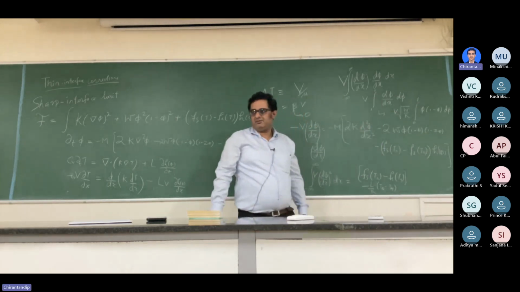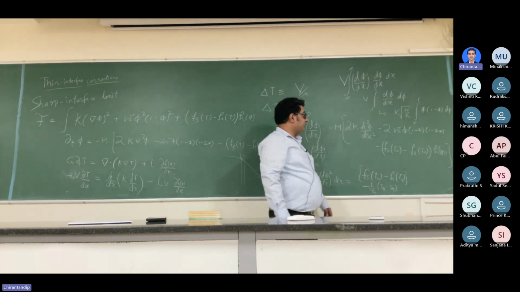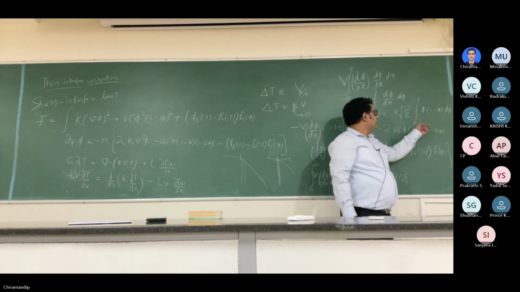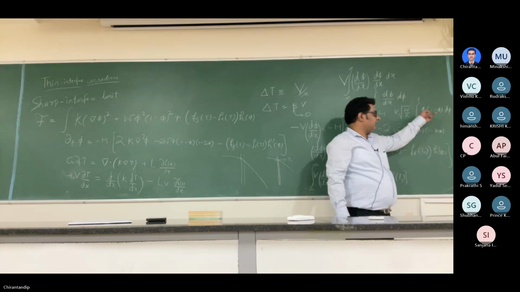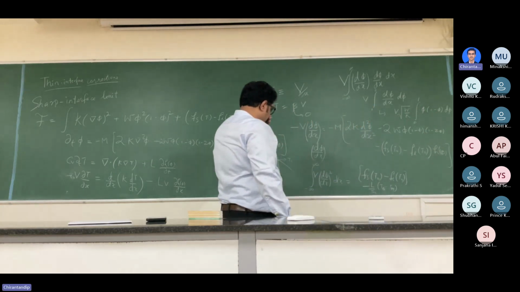All right? So what is this integral? 1 by 2 plus 1 by 3 gives you 1 by 6. So v root of w, 1 by 6.